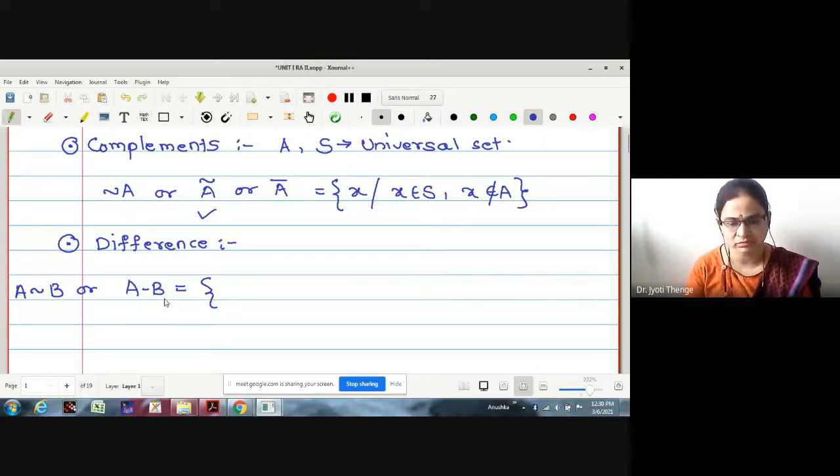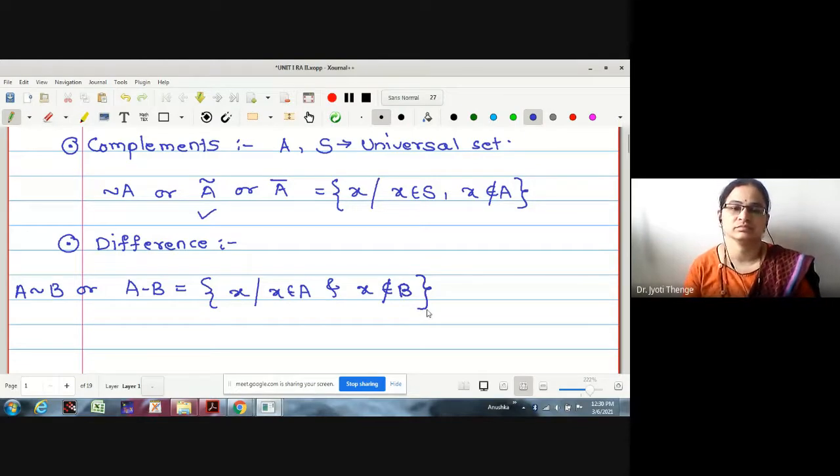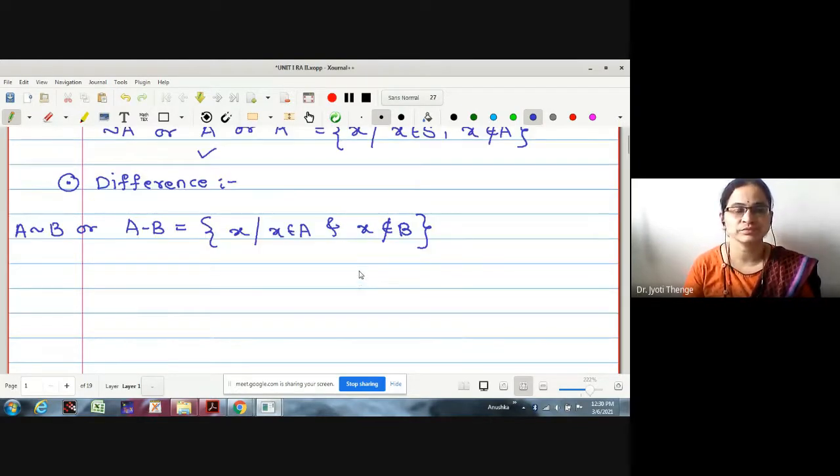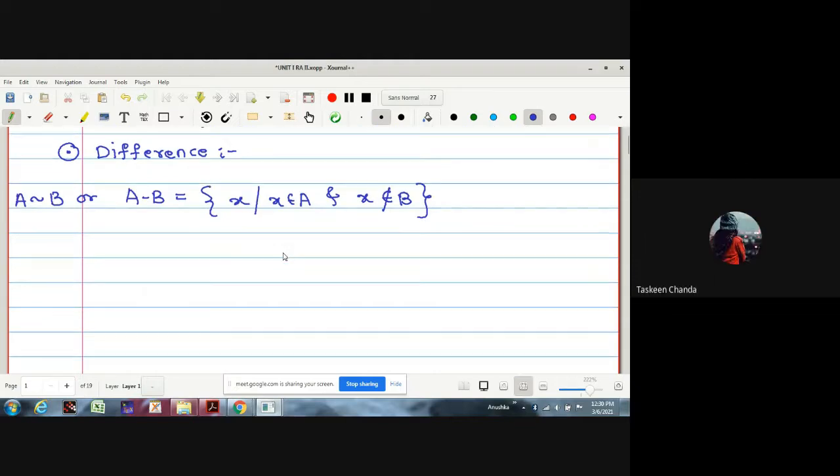Therefore, this is the set of x such that x is in A and x does not belong to B. Clear? Is there any problem with this definition? No, ma'am. Good.